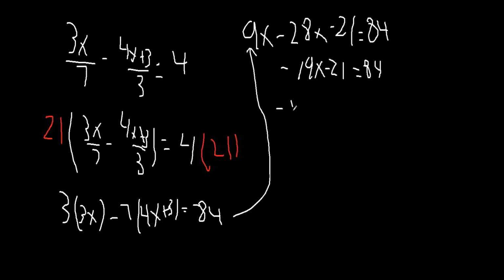So that's negative 19x minus 21 plus 21, which equals 84 plus 21. So negative 19x equals 105.